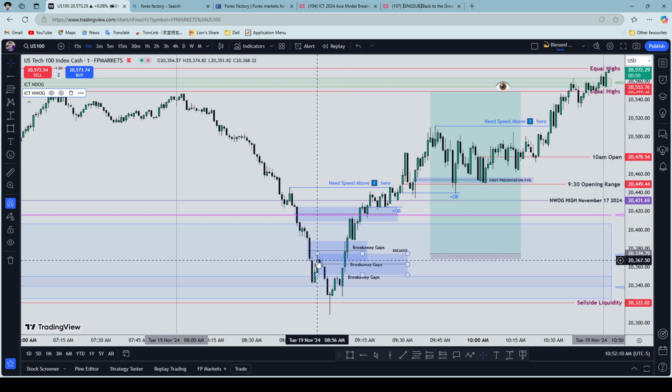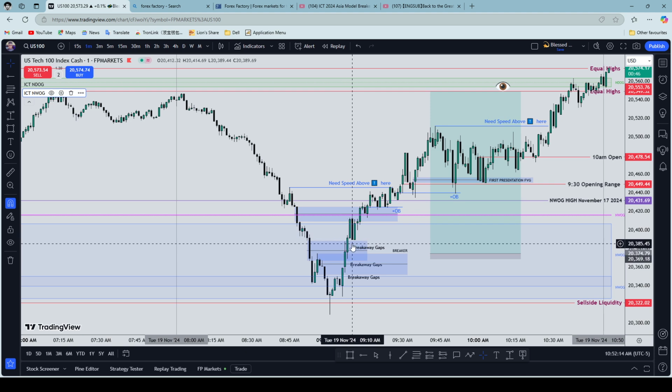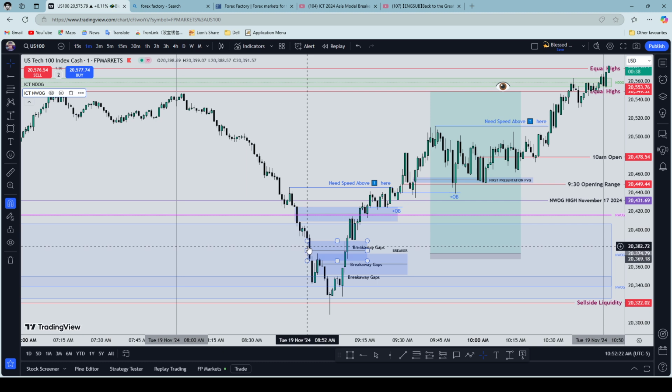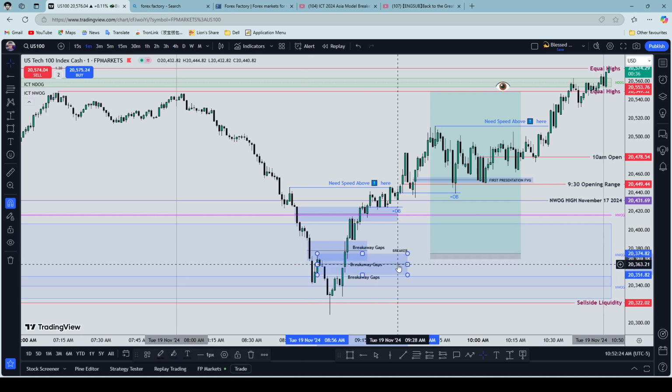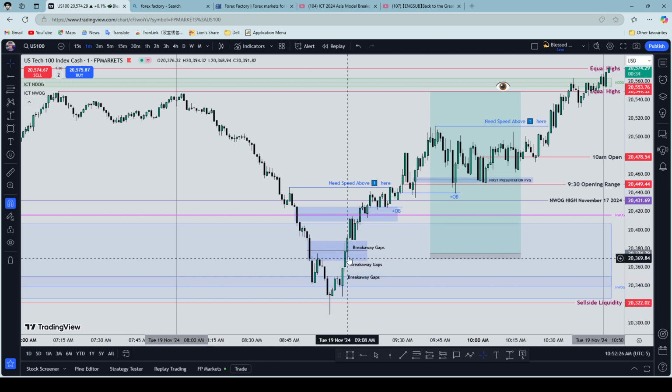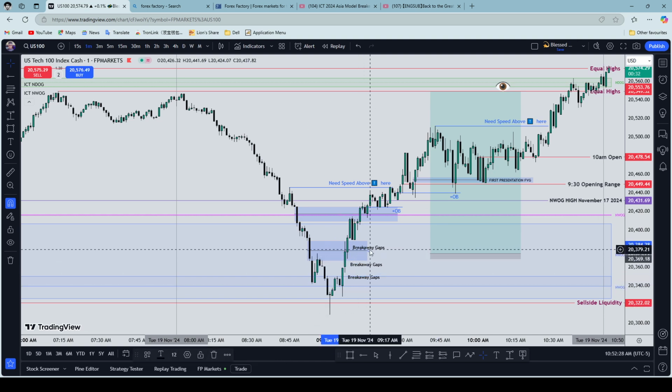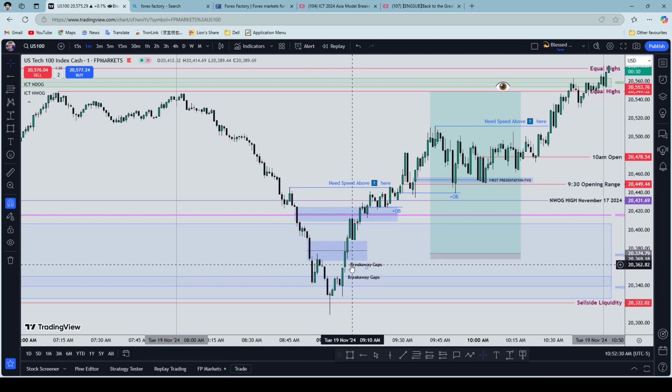Immediately touched the opening price, started to trade away, giving another breakaway gap. And price just traded a little bit of institutional order flow entry drill above this inversion fair value gap. Let me take off the breaker so we can see that very clearly. Let me remove this also.